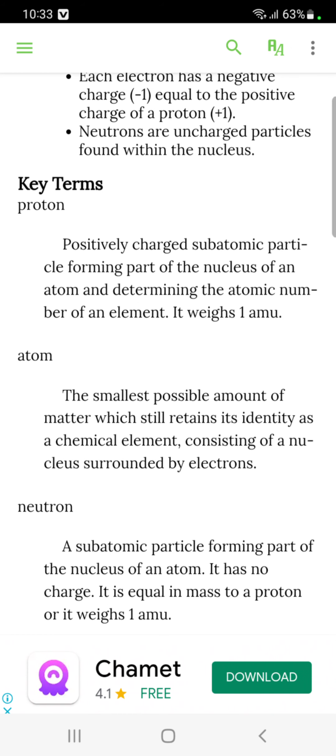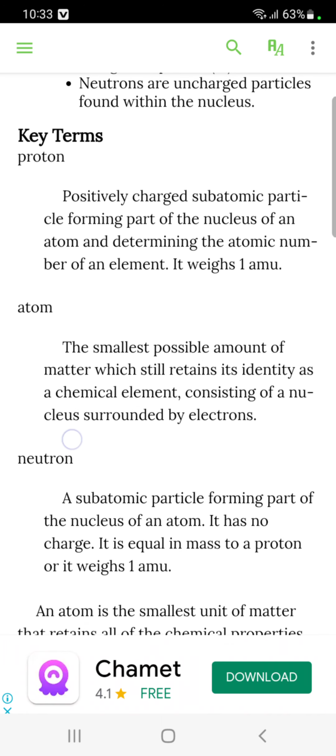Key terms: proton. Let's talk about the key terms. Proton: a positively charged subatomic particle forming part of the nucleus of an atom and determining the atomic number of an element. It weighs 1 m.